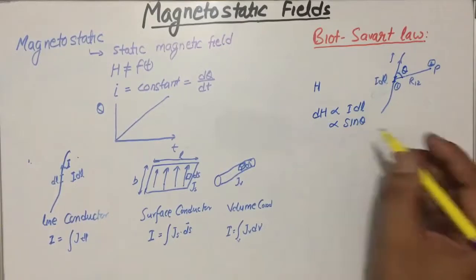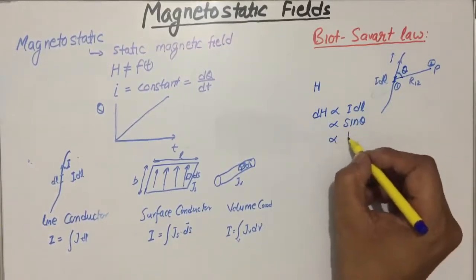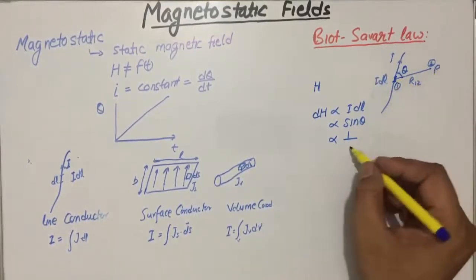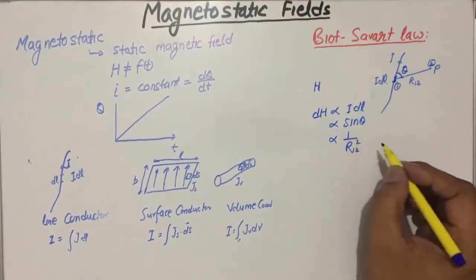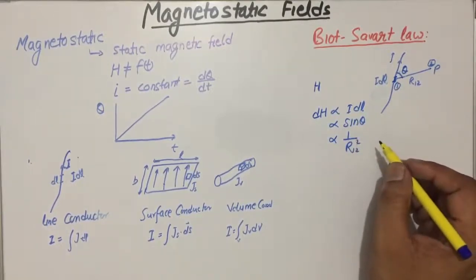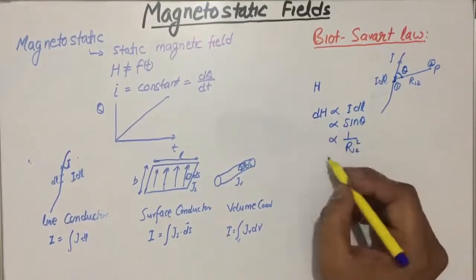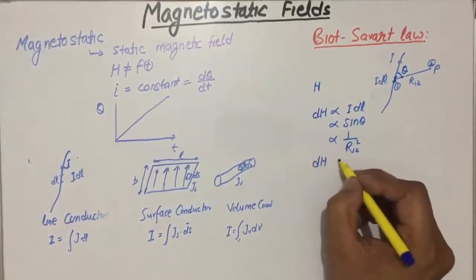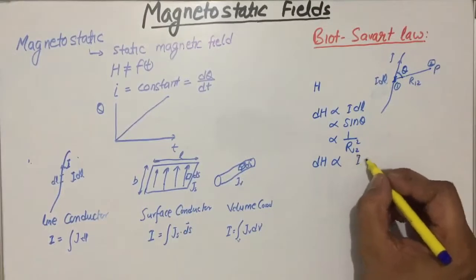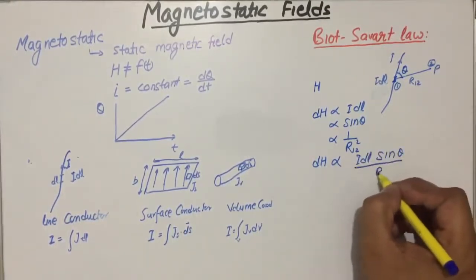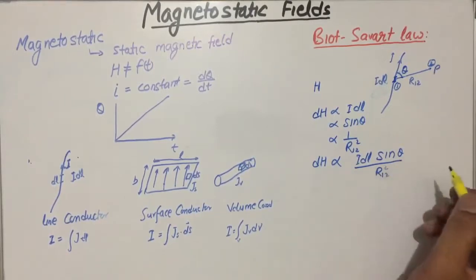Further, he obtained that it is proportional to the sine of the angle between the radius vector, from this point to this point, and the current element. And further, it is inversely proportional to the square of the distance between the current element and the point of interest. In this way, he finally said that dH is proportional to IDL sine theta divided by R12 square.